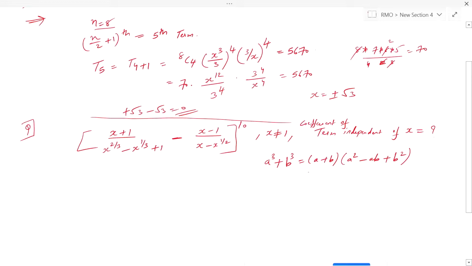So it's x plus 1. Can I write like this? x cube raised to 1 by 3 plus... no, wait a minute, I need it in this form: x raised to 1 by 3 the whole cube plus 1 raised to 1 by 3 the whole cube.